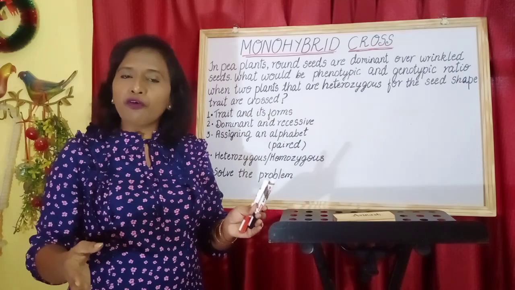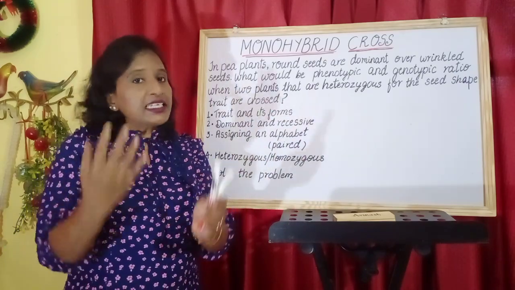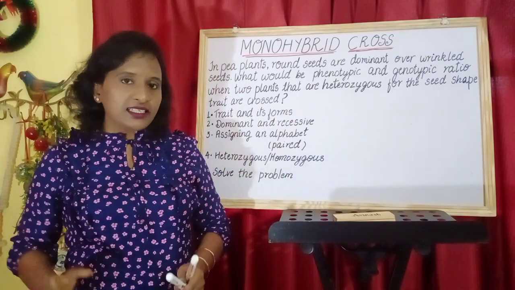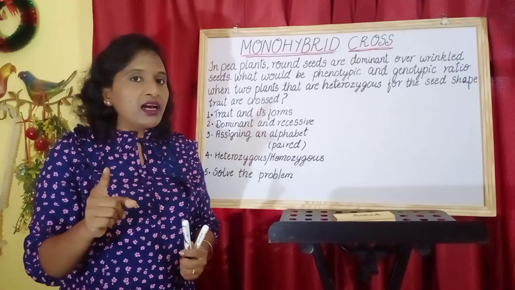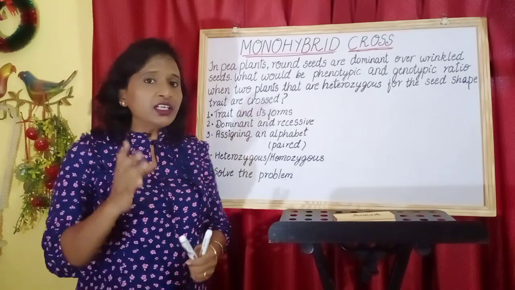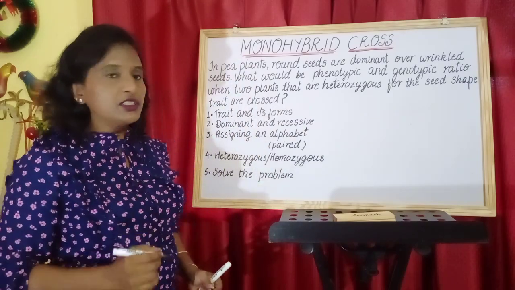And it will have two forms, that is tallness and dwarfness. If we take seed color, there are yellow seeds and there are green seeds. So likewise, in a particular problem, a trait will be asked and it will show two forms of that particular trait.